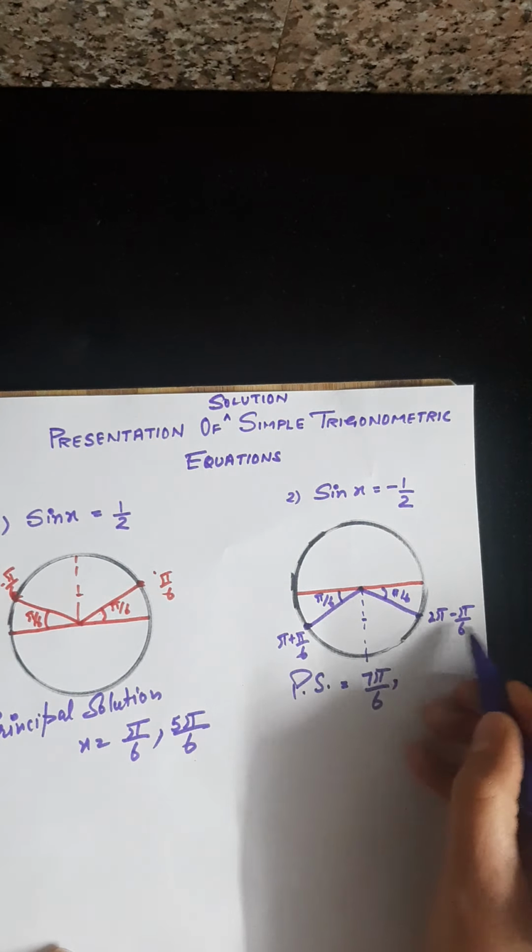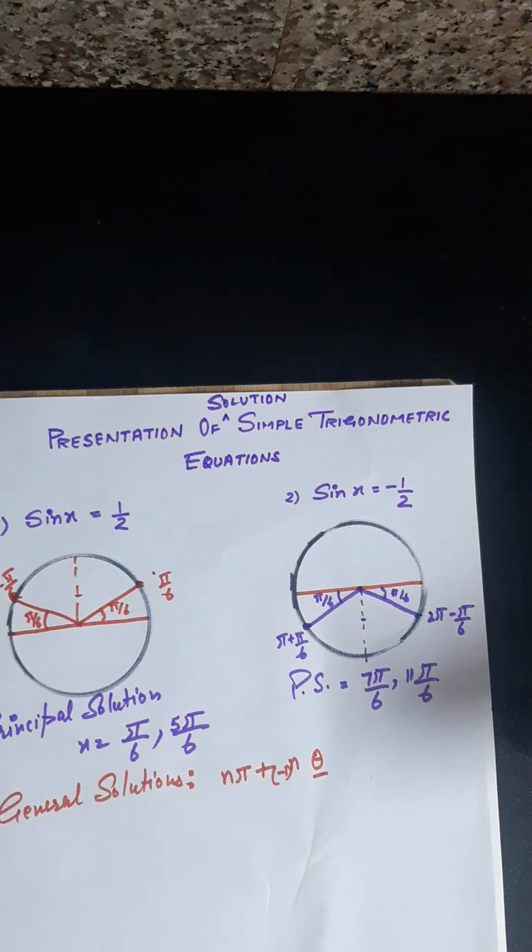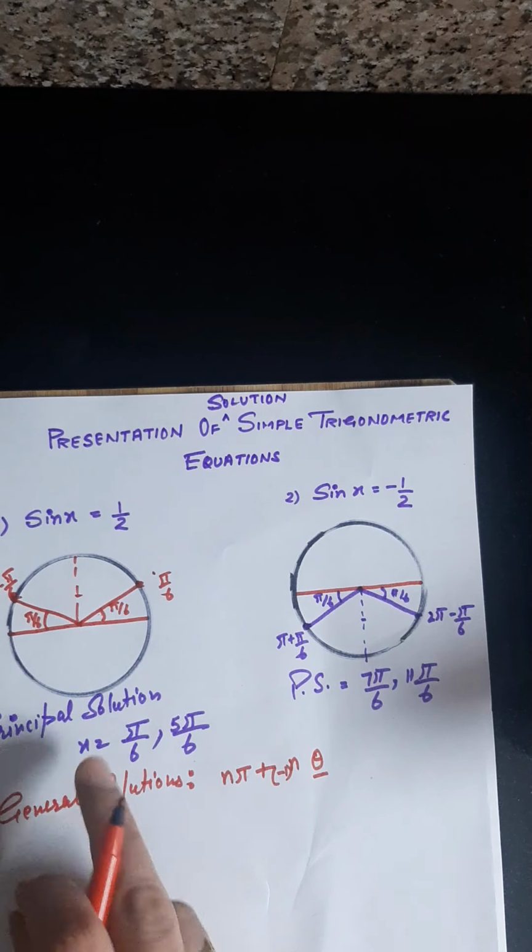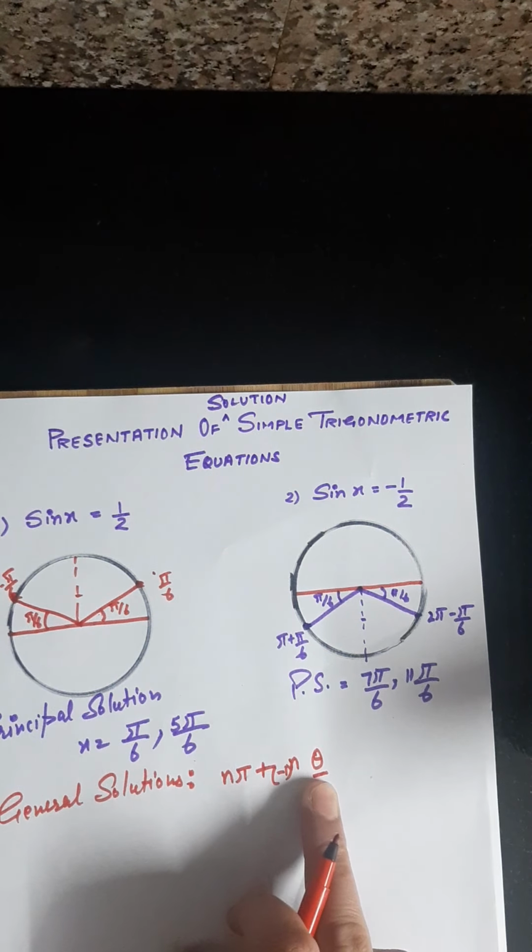Sorry, minus 1 raised to power n, and then theta. So for the sine function, and for each value sin x equals anything, this theta is to be chosen carefully. In this case, what should we choose as theta? This one or that one? Ideally both of them will work.